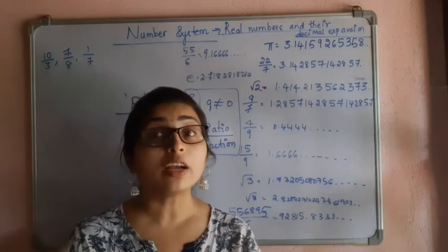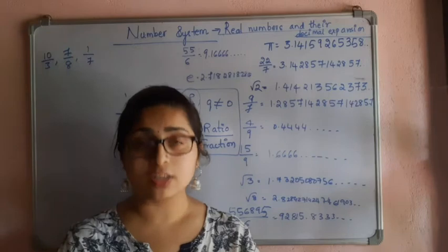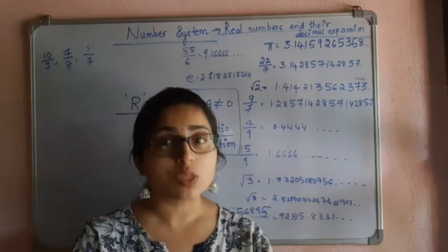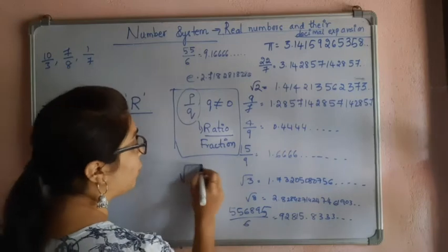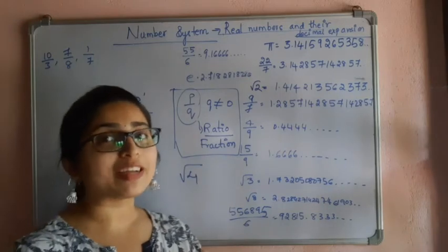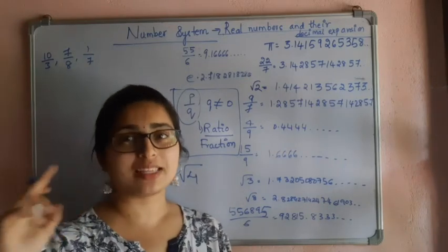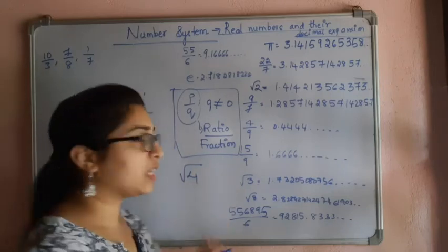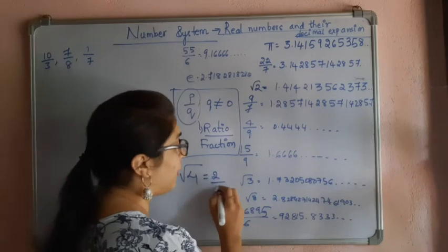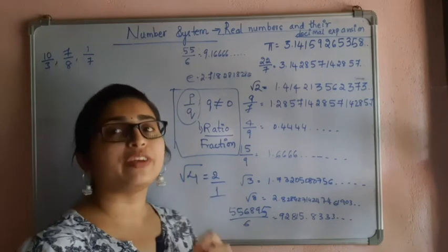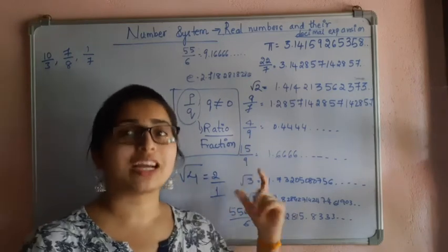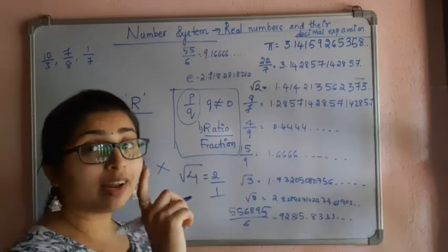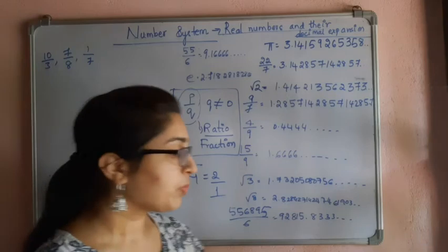If you consider the square root of a perfect square, like the square root of 4, 2 squared is equal to 4, so the square root of 4 is 2, and 2 can be written as 2 by 1, which is a rational number. So all square roots are not irrational numbers.